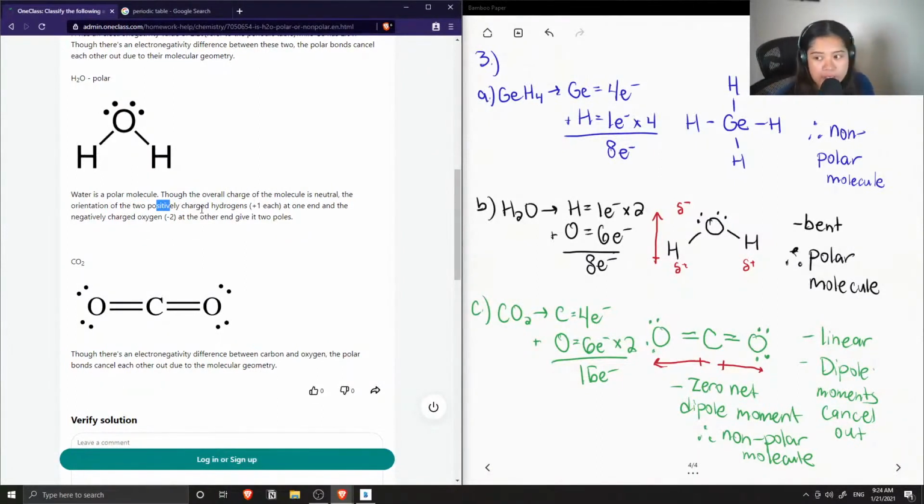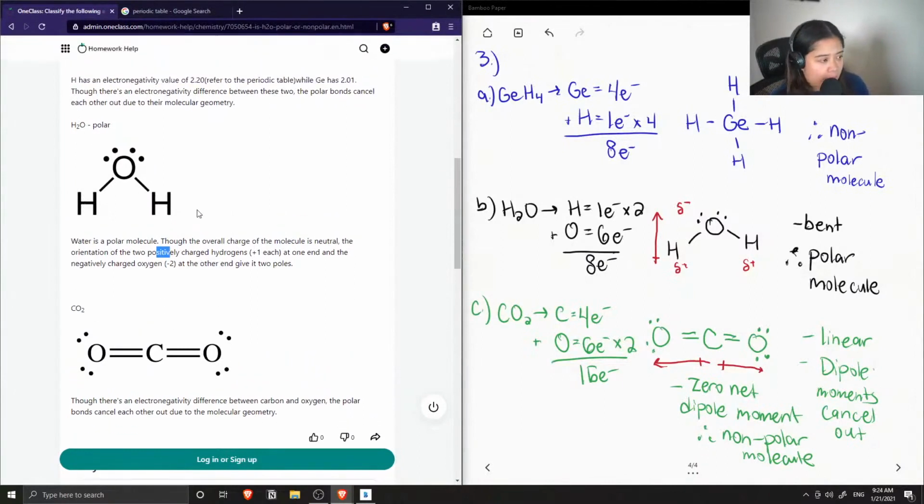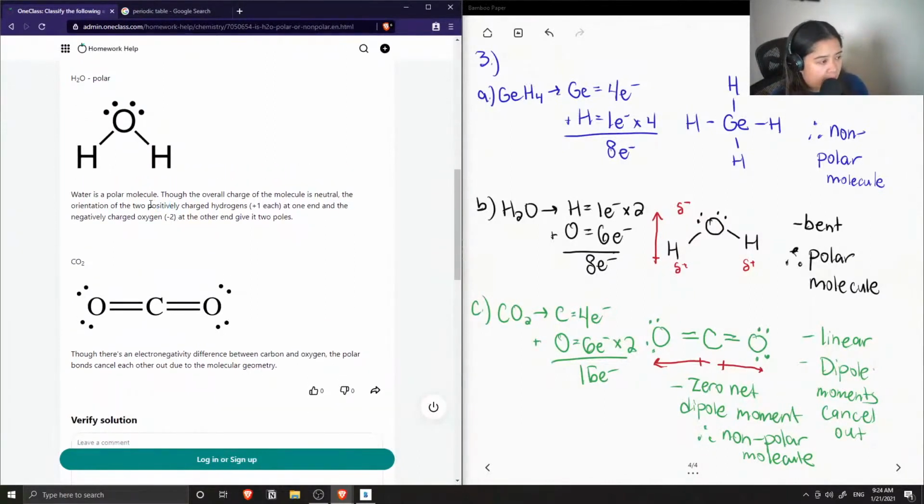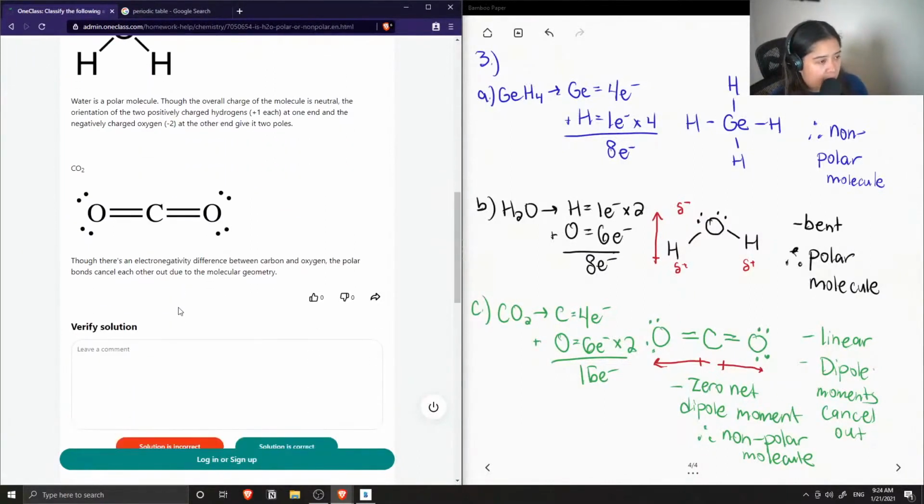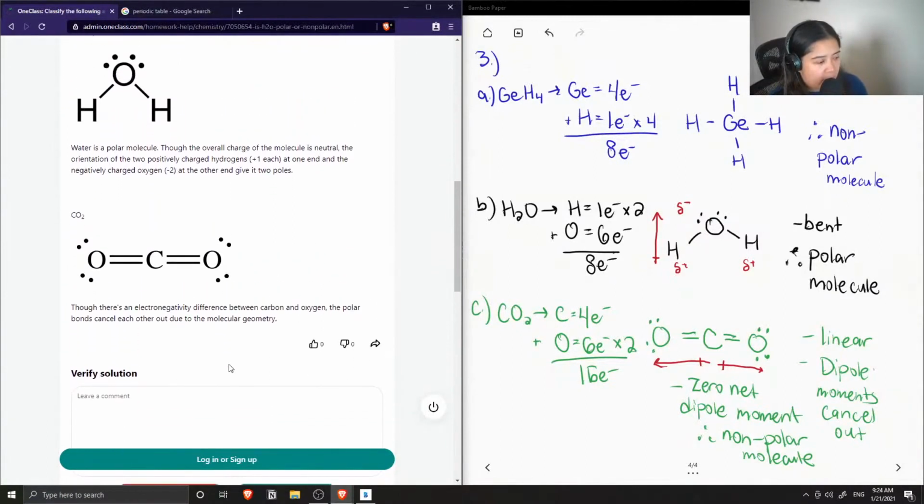We refer to them as partially positive. So I'm going to fix the wording for the second explanation. And for CO2, though there's an electronegativity difference between carbon and oxygen, the polar bonds cancel each other out due to the molecular geometry. Okay, so this solution is correct.